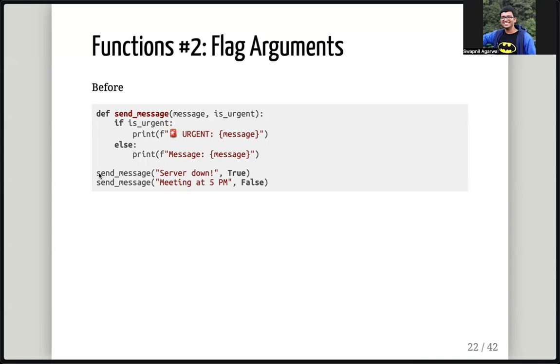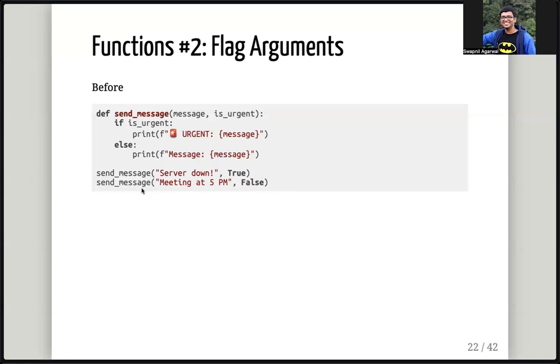When you read the final two lines, where it says send message server down comma true, send message meeting at 5 p.m. comma false, without going into the function itself, I cannot predict what this function is going to do. Meeting at 5 p.m. and false, I don't know what it is. Server down true, I don't know what it is.